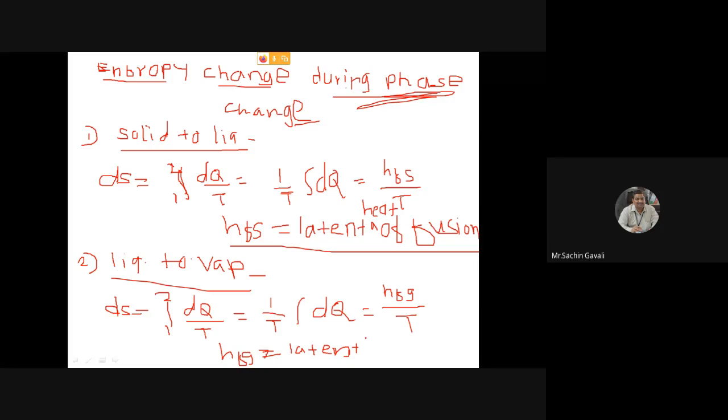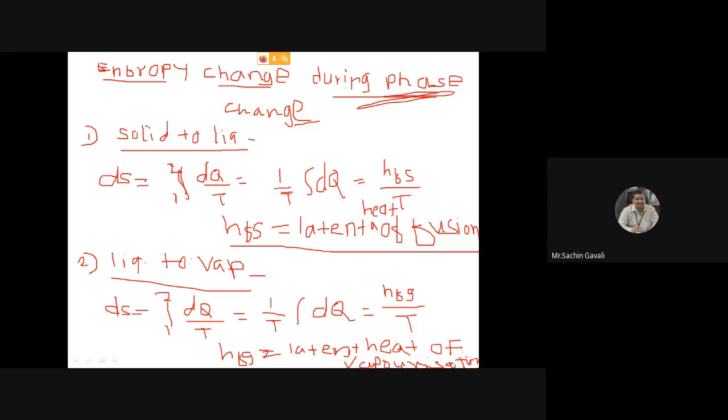Latent heat of vaporization or evaporation, we can say latent heat of vaporization or evaporation. Sometimes in some books it is written as evaporation. So these two derivations are very important.